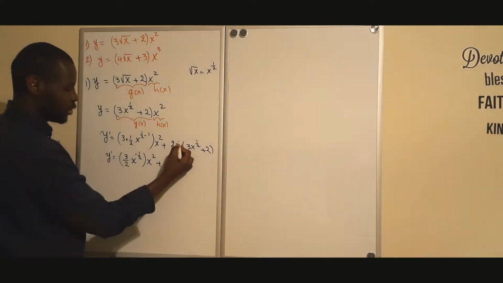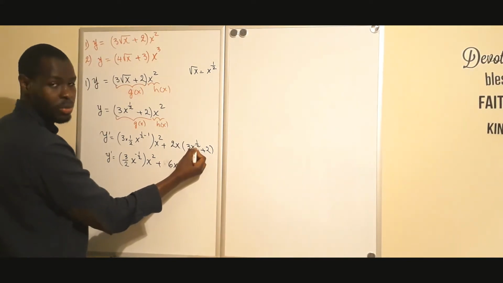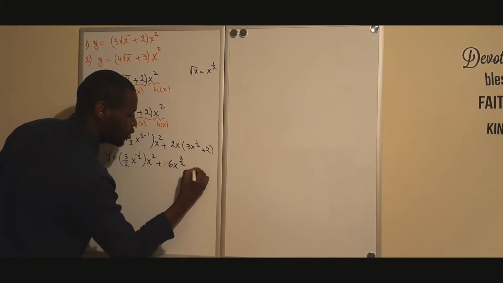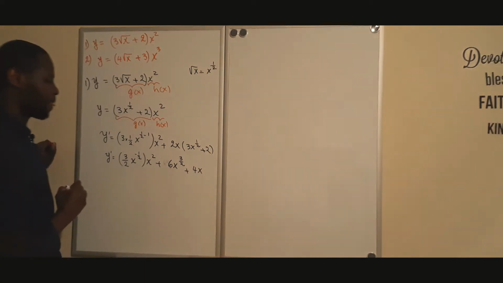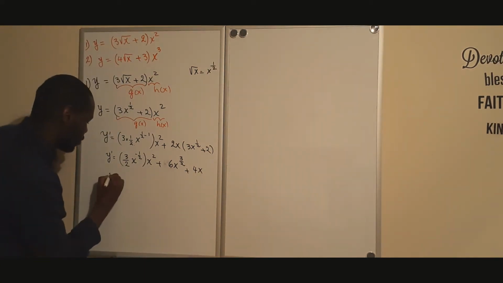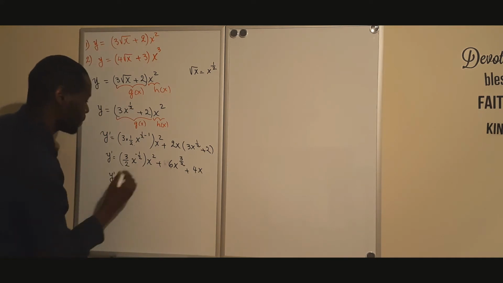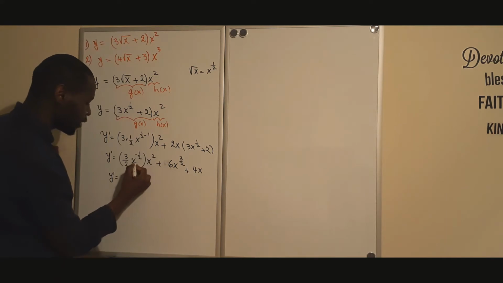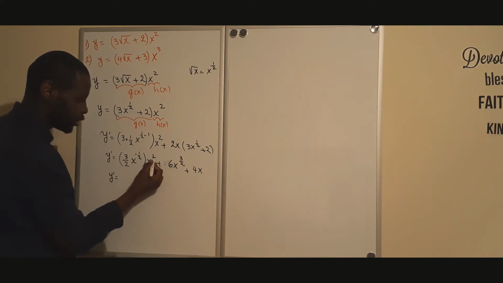so that's 6x. So this is the power 1, and 1 plus 1/2 is 3/2, plus 4x. Okay, so y prime equals, now, minus 1/2, x to the minus 1/2 times x squared.